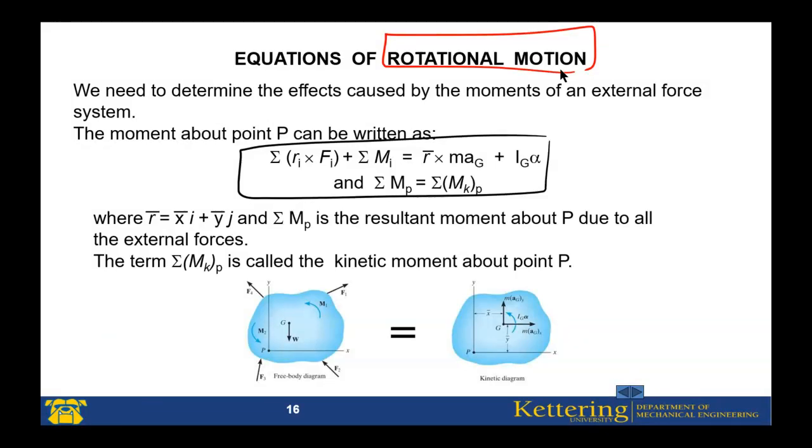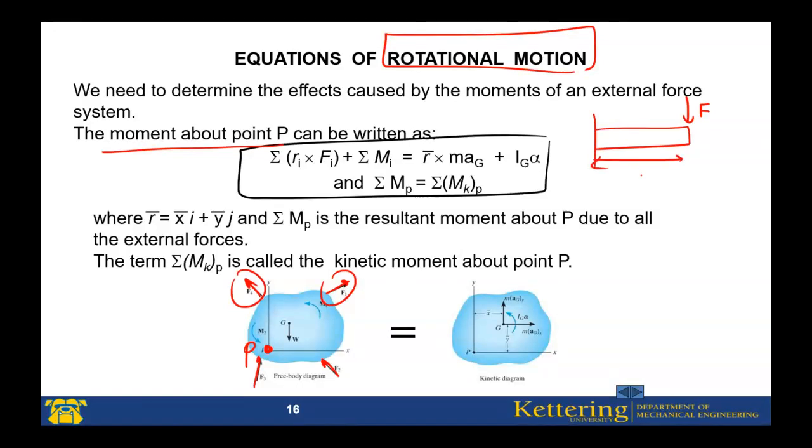To write this equation, I will find the moment of the forces about the point P. You will see here, we have this point P. These are the forces. Then we will find the moment of these forces about the point P. Before we go, a review. We have a bar or a beam. I apply a force F. There is a distance of L from the support. Now, if I want to find the moment at the support, how much is the moment? What's the moment?